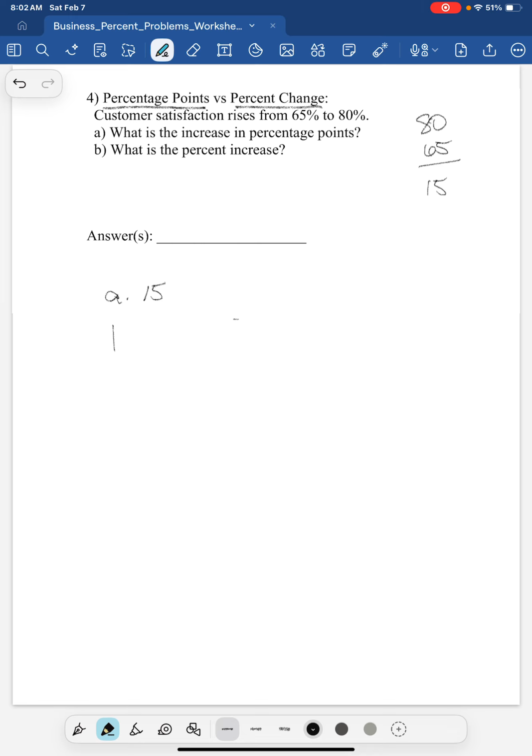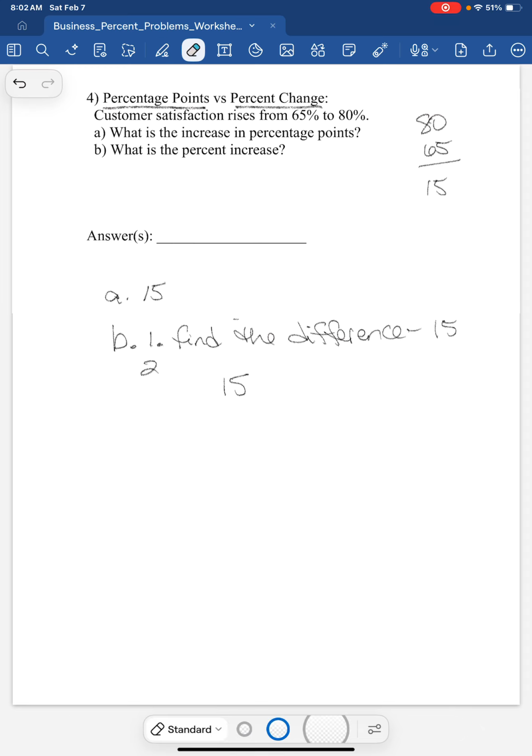Now, percent increase is different. To calculate percent increase, step 1, you have to find the difference, which you've already done. And the difference is 15. Now, what you need to do is divide the increase by the original value.